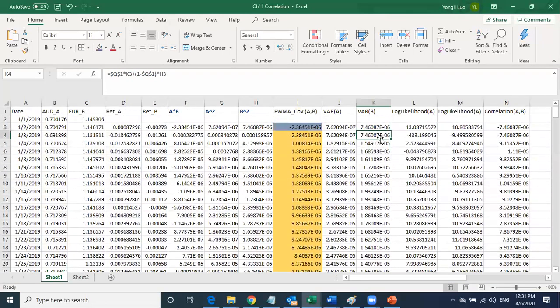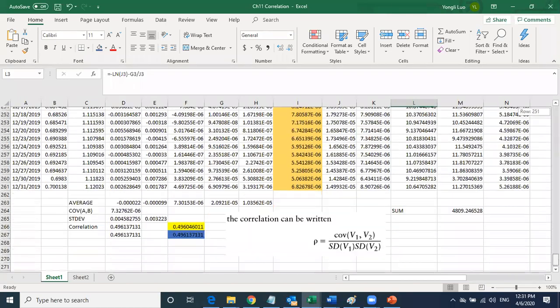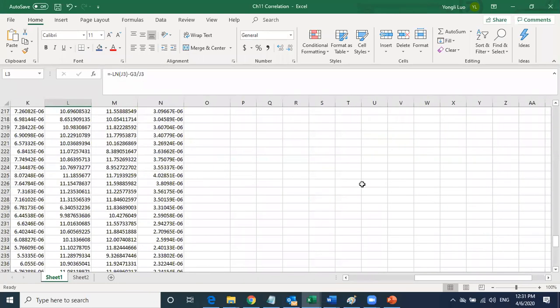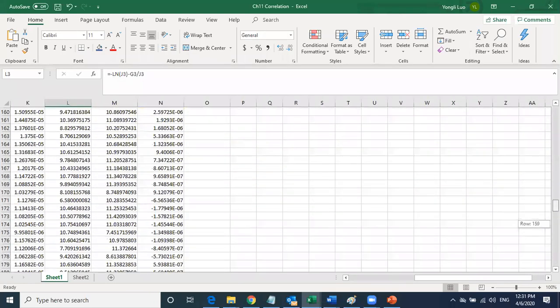And then when we get the log likelihood of this variance A, remember the log likelihood is minus ln G3, minus G3 divided by J3, which is the ln likelihood estimation we used before in chapter 10.